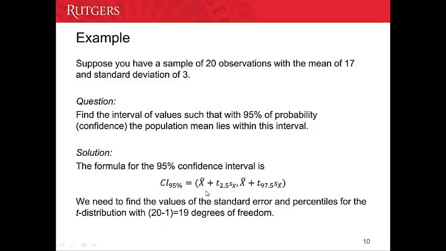We already know the sample mean is equal to 17, and we need to get the value for the t2.5 percentile and multiply by the standard error. In this sample, we have 20 observations, so the t2.5 percentile comes from the t-distribution with 19 degrees of freedom.